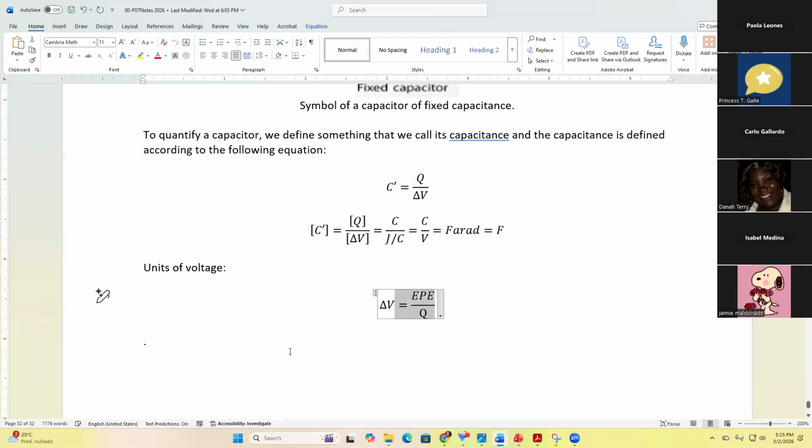The unit of voltage is equal to the unit of electric potential energy divided by the unit of charge.